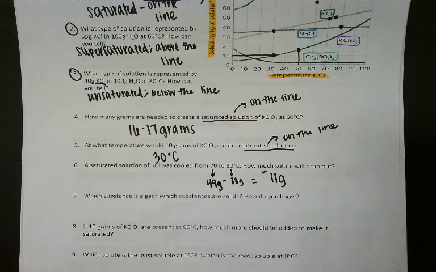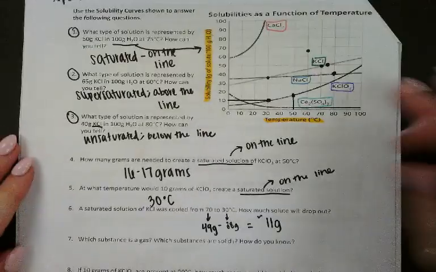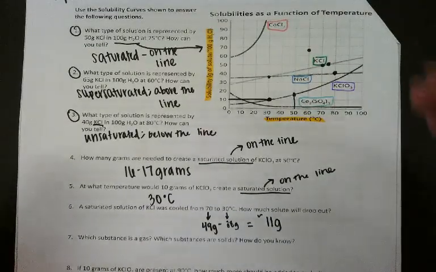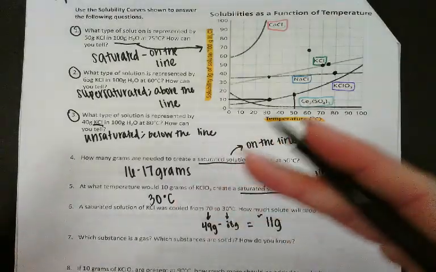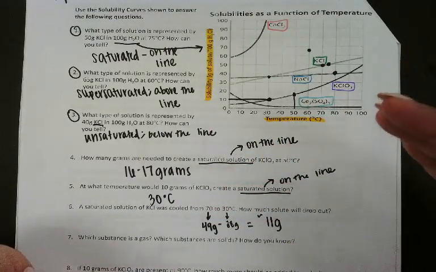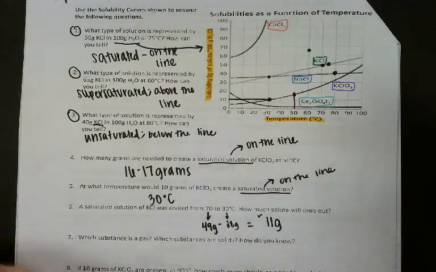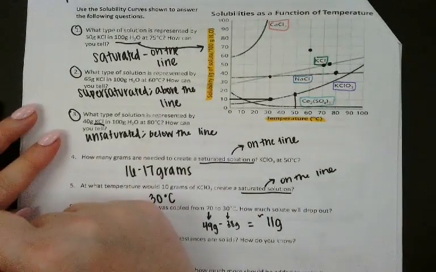Number 7 says, which substance is a gas, which substances are solids? How do you know? So this is going back to what we learned in the previous day, when we were talking about solids.